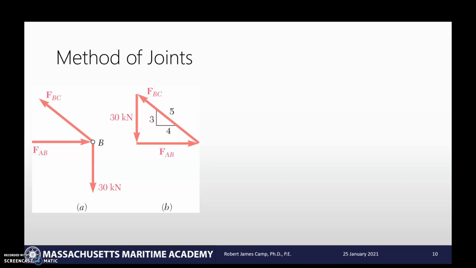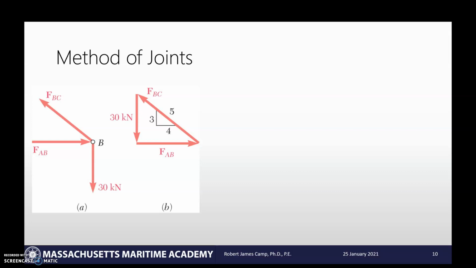One would be to apply our standard equilibrium equations, the sum of the forces in X, Y, and Z, and then solve the method of joints from there. Now, in the method of joints, we can't use the sum of moments because there are no moments about this individual point. We can use moments if we do the other method, the method of sections.